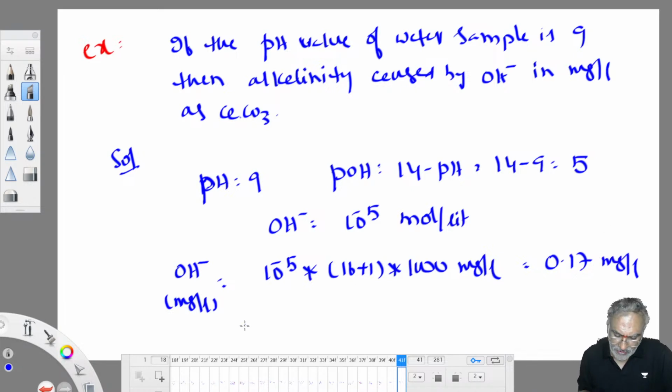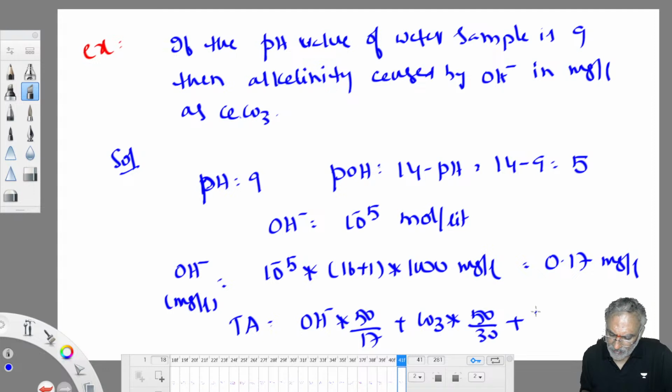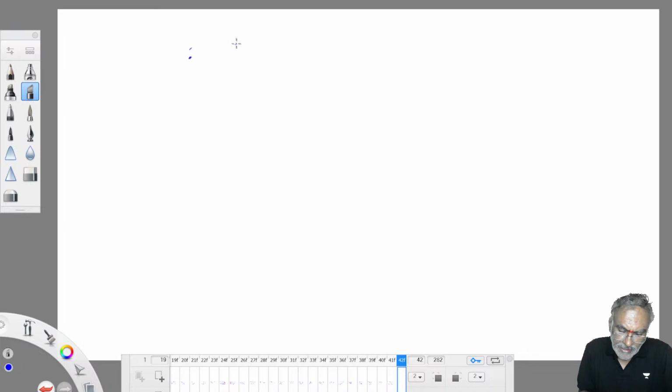Therefore, total alkalinity caused by OH is OH minus ions into 50 by 17, plus carbonates into 50 by 30, plus bicarbonates into 50 by 61, if they are given in milligram per liter concentration. Since carbonates and bicarbonates are not given, they are taken as 0. So 0.17 into 50 by 17 plus 0 plus 0.